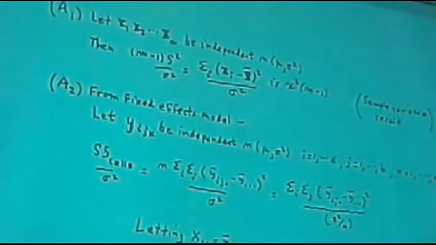So this expression that I'm looking at here, contrasting with A1 at the top of the page, we can say the conclusion: sum of squares cells over sigma squared is chi-square AB minus 1, AB being the number of terms in the sum.